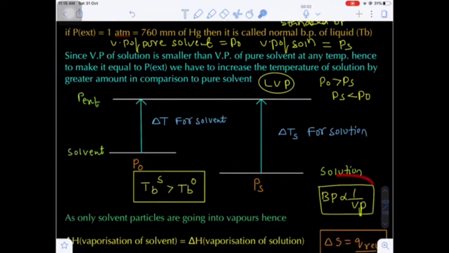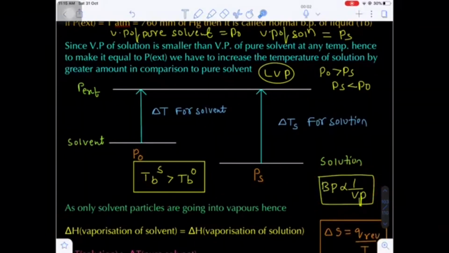One more important relation we know is boiling point versus vapor pressure: they are inversely proportional. The solvent possesses vapor pressure P0, and this will be equalized to the external pressure. The temperature required for that is called the boiling point of the solvent. But in the case of a solution, we know the solution has a lower vapor pressure, so to raise it to the external pressure we have to increase the temperature.